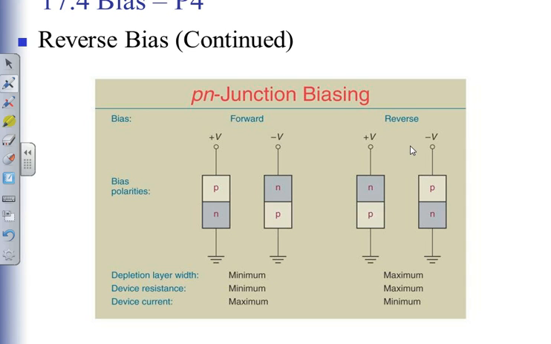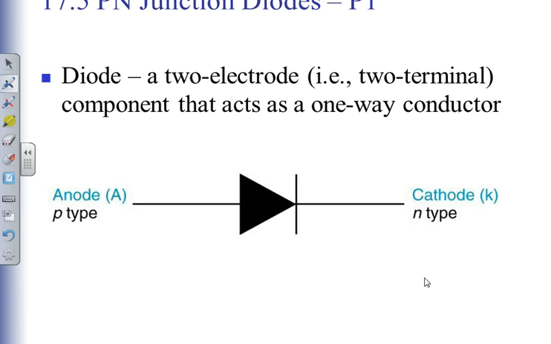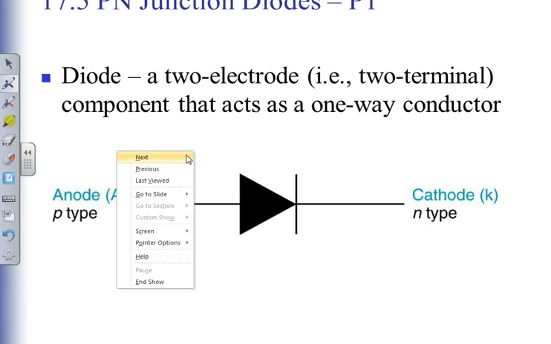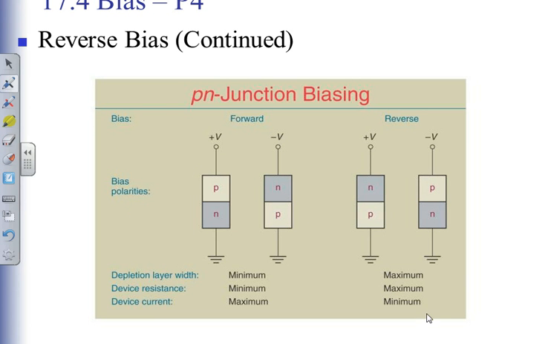When I'm reverse biased, I have positive voltage on the N material, I'm grounded on the P material, or I'm negative on the P material, positive on the N material. In either case, I'm reverse biased. I have a maximum depletion area, a maximum resistance of the device, and a minimum amount of current flowing.